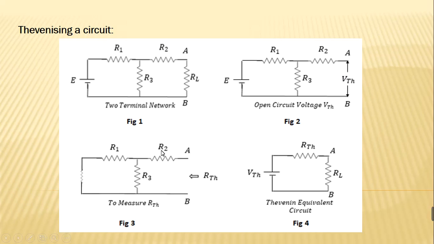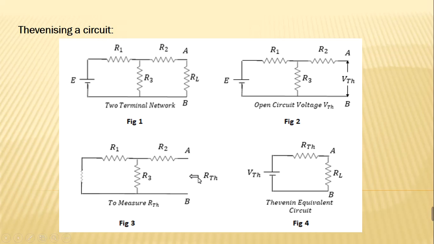And thirdly, we have to determine the Thevenin's resistance. To determine it, we have to remove the voltage source and replace it with its internal resistance. Then we determine the Thevenin's resistance.